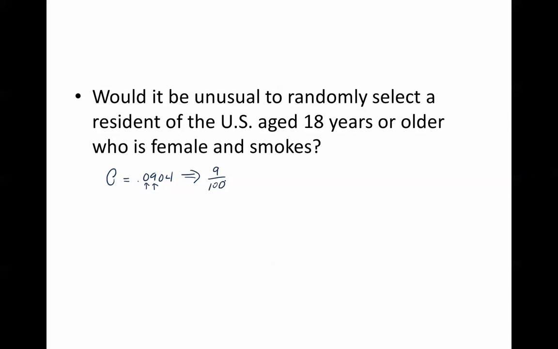So it's about 9 out of every 100. We're given the general guideline of 0.05 as a probability that makes something unusual. But remember, we also want to think about probability centered in the specific event that you're talking about.